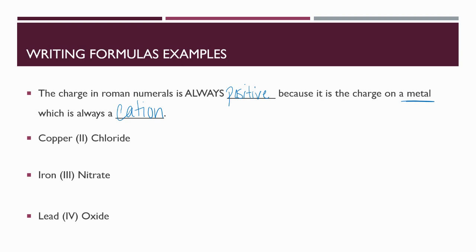You should hopefully have your labeled periodic table out to be able to do these as we move through the examples. So copper 2 chloride. Copper is Cu. This 2 here indicates that it's a +2. It's always a positive charge because it is a cation. Chloride we find lives in group 7, so it's going to have that -1 charge.